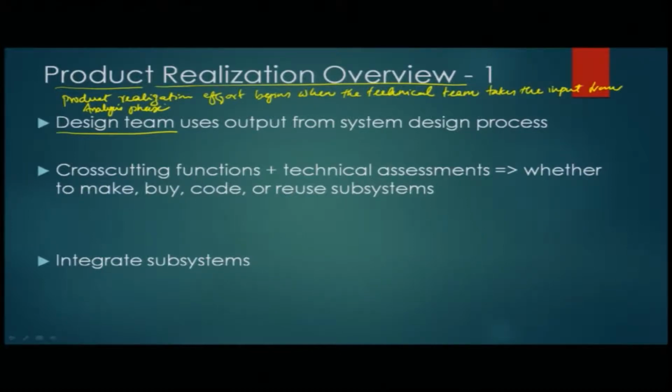The analysis phase, remember this, has 2 parts: the requirement analysis plus functional analysis. Both of these are part of the analysis phase.